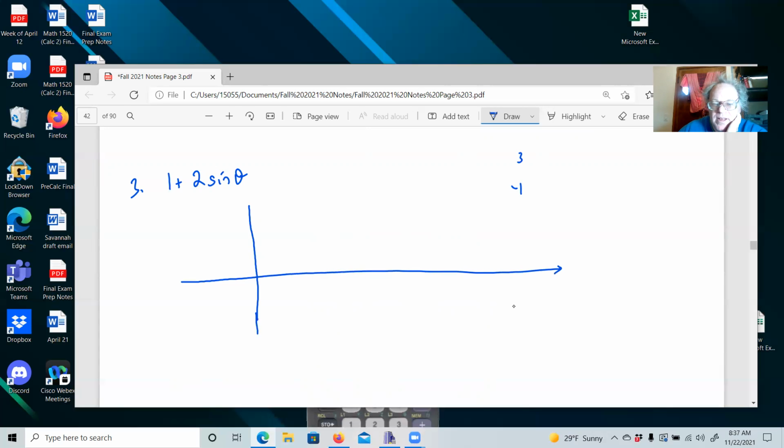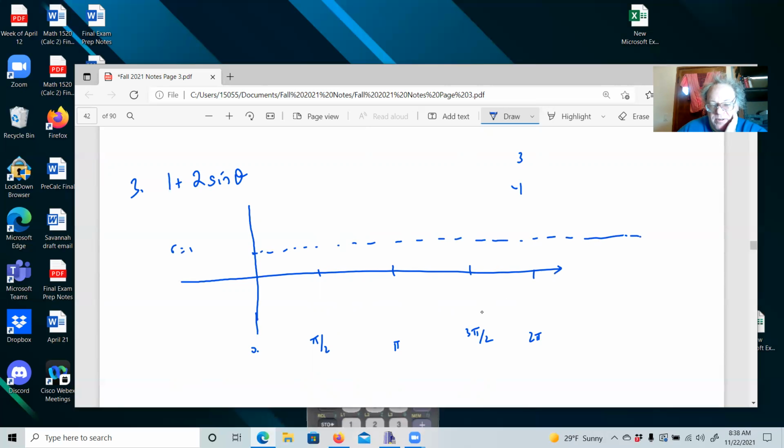All right, so we have 0 to 2 pi. Here's pi. Here is pi over 2 and 3 pi over 2. So this is just a vertical shift. Here's r equals 1.